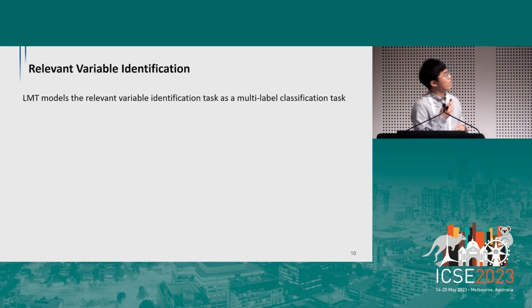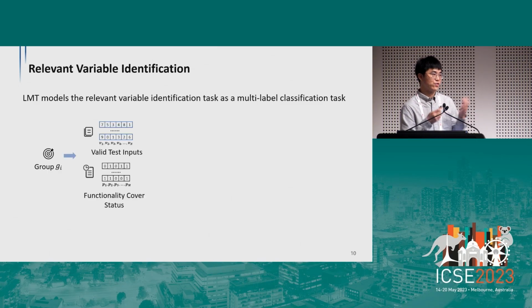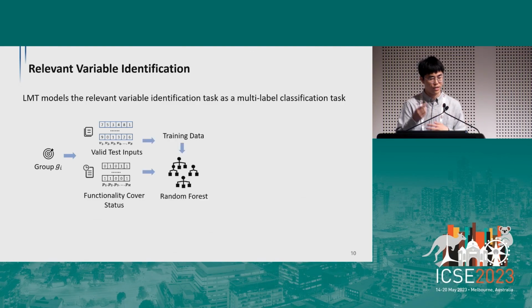Here are the details. Firstly, we model the relevant variable identification task as a multi-label classification problem. For each valid test input, we use the functionality cover status to label it. That is, we mark the covered point as 1, and we mark the uncovered point as 0. Then we use the inputs and the labels to train a random forest, which is often used in feature selection scenarios.